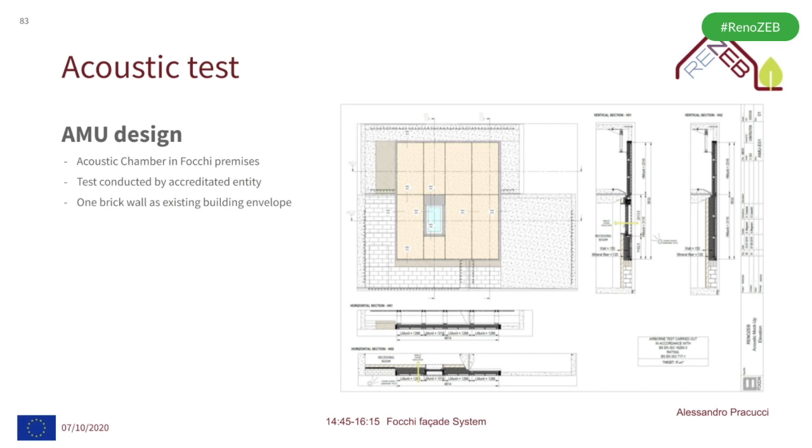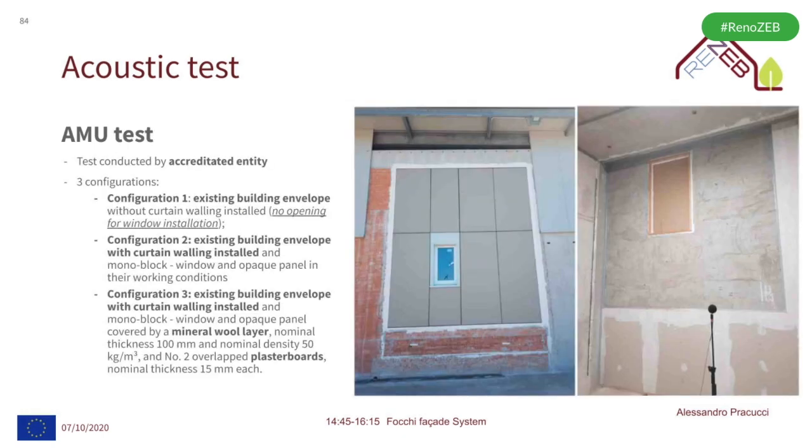We wanted to understand what the insulation is considering an existing wall, and we tested one brick wall just to know what the insulation was. One brick, only to have a reference. Obviously, there are almost no one brick walls anywhere, but we want to have some benchmark for the implementation of RenoZEB. And then we installed the RenoZEB panel to see the differences.